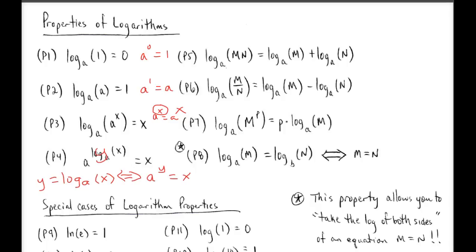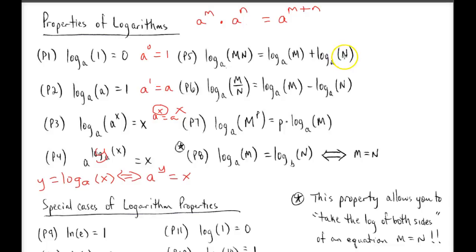For property number 5, what it is alluding to is what happens when we have an exponential expression of one base being multiplied by an exponential expression of the same base, but the exponents are different. In this case, we know that we can add the exponents. So what's going on with log base a of m times n equaling log base a of m plus log base a of n makes sense, because we know that log base a of m is an exponent of some exponential expression or function.